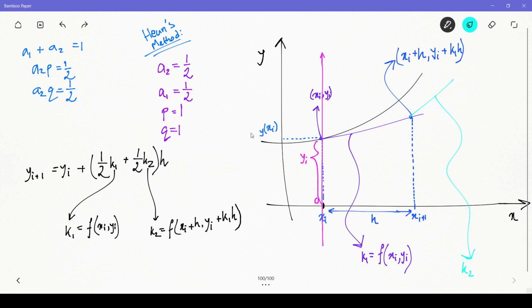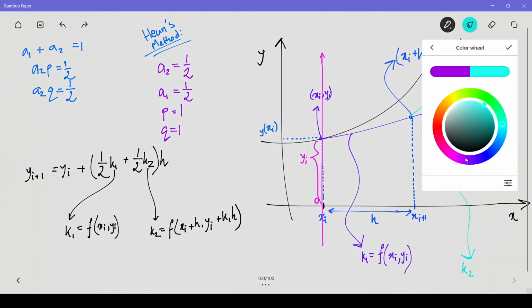So what we'll do is that, okay, for the Heun's method, we are providing them equal weightage, right? So we are going to provide both of these slope values equal priority. So we are basically multiplying a weight of half with them, right? So when we do that, what essentially we come up with is something like this. Let me use a different color for this.